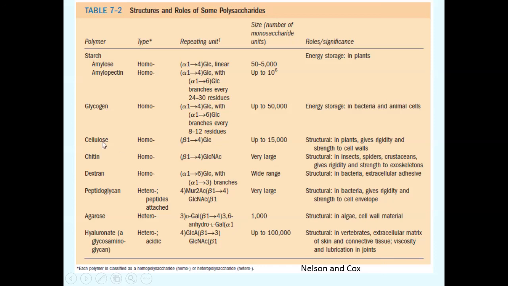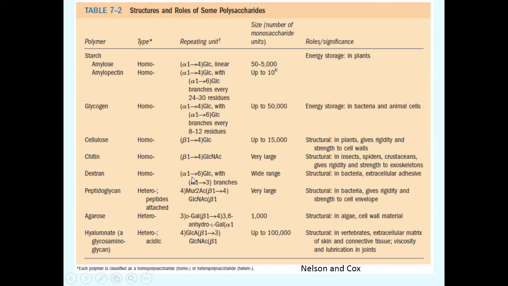Cellulose is an unbranched homopolysaccharide. It contains beta-1, 4 glycosidic bonds. Dextrans are structural polysaccharides found in bacteria. They contain alpha-1 to 6 glycosidic bonds in addition to alpha-1 to 3 branches.